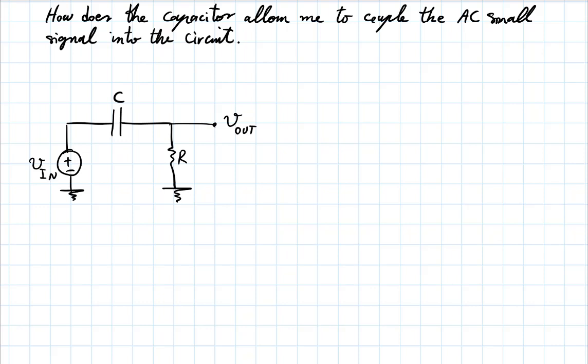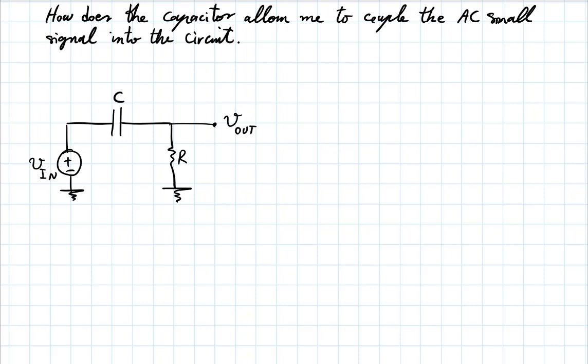In DC, there is no current going through. The capacitor is open. And V out does not see any effect of V in, right? In fact, in this particular circuit in DC, V out will be 0 regardless of V in.